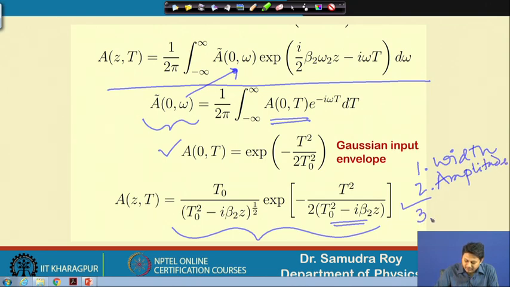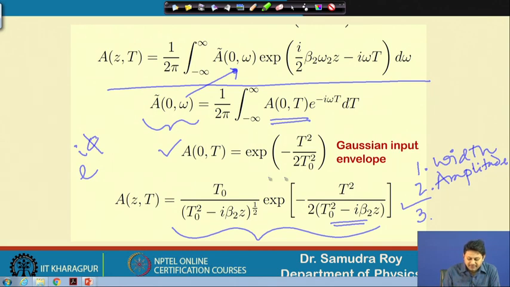And finally, this entire pulse has some sort of phase. In the input we find only the envelope term and everything is real; there is no phase term, nothing like an e to the power i phi term. We only have a real amplitude.